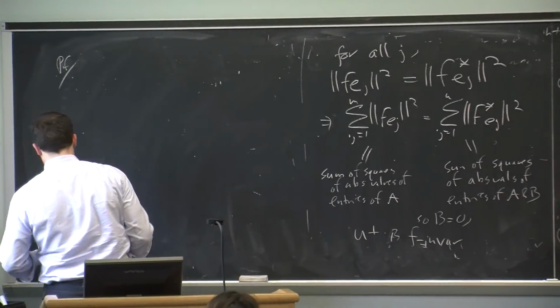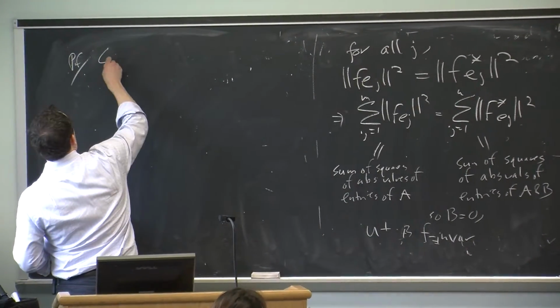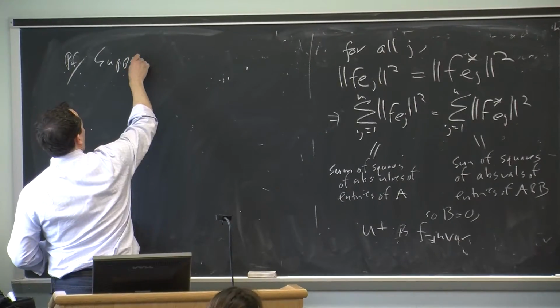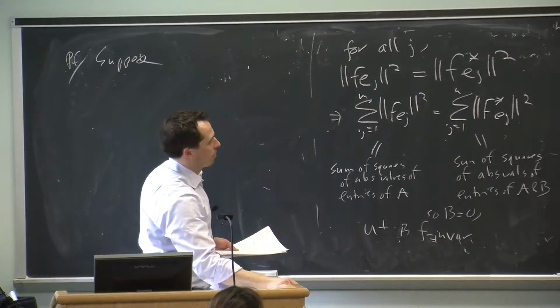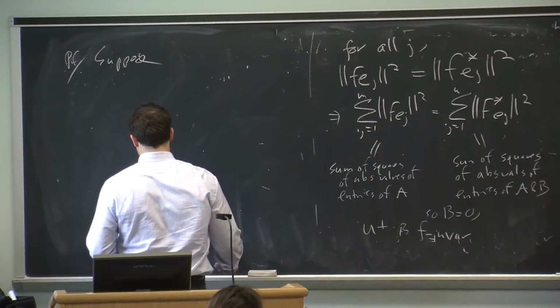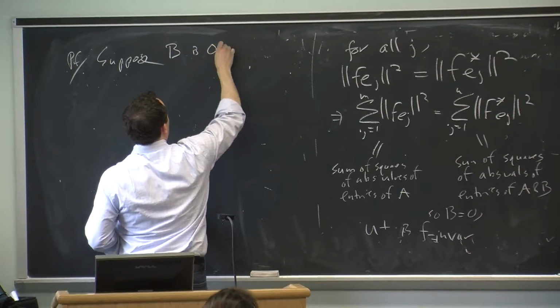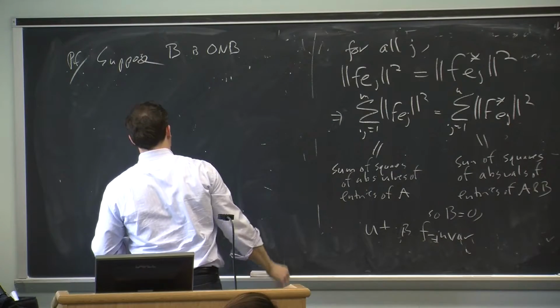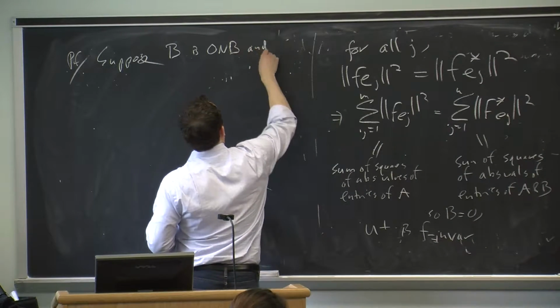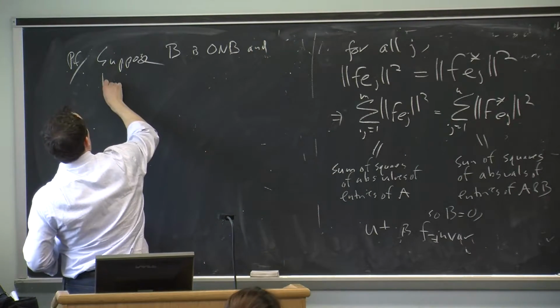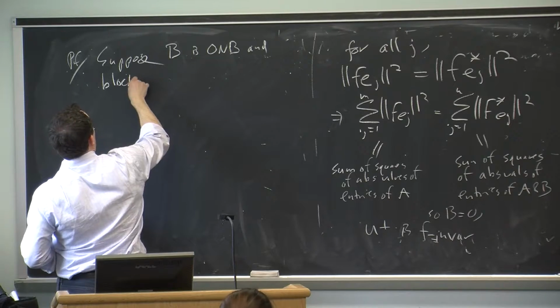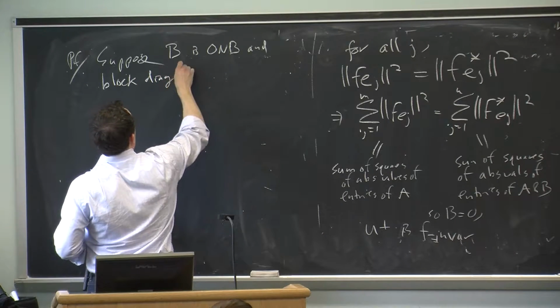Okay, so prove this. We are just going to peel things off for the harder direction. So suppose first that B is an orthonormal basis, and this block diagonal structure holds.